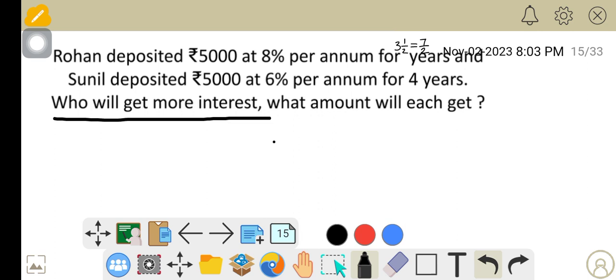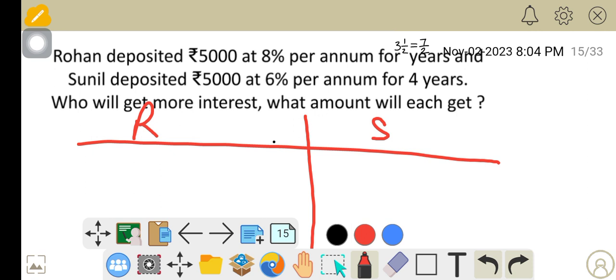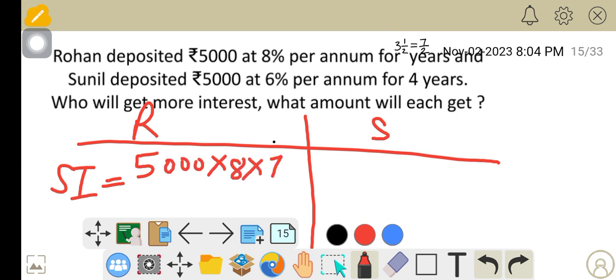For this, we need to calculate simple interest for both persons. So we are going to calculate Rohan, Sunil. In case of Rohan, simple interest is principal, it means 5000, rate of interest 8%, time duration 7 by 2, and 100 of formula.